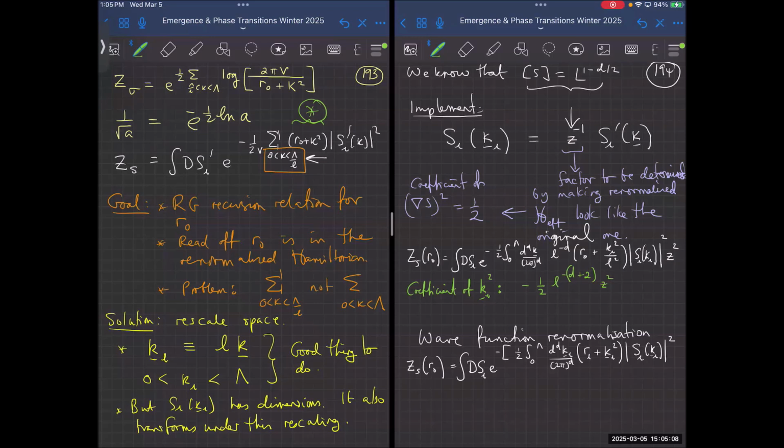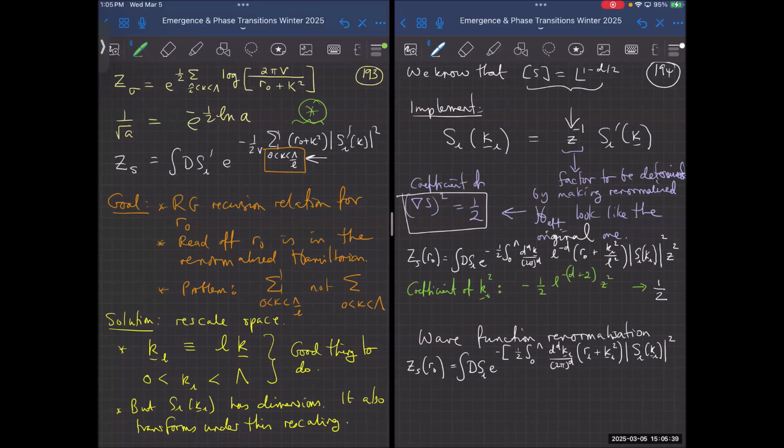So that's the coefficient. So I'm looking just at the k_L squared term. Why do I look at the k_L squared term? Because once I back Fourier transform into real space, the k_L squared term is going to be the grad S squared term. So I want the coefficient of this thing to be 1/2. That coefficient has to be 1/2 in order for it to satisfy this constraint over here.